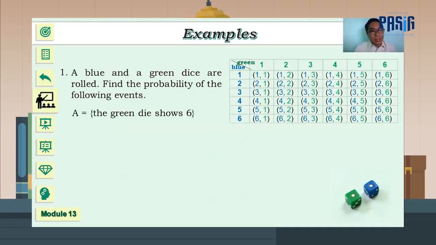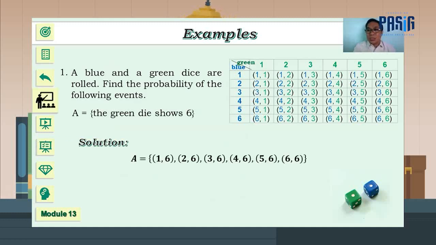Letter A, find the probability that the green die shows 6. At the last column, we can see we have 6. Those are 1,6; 2,6; 3,6; 4,6; 5,6; and 6,6. That is our favorable outcome.